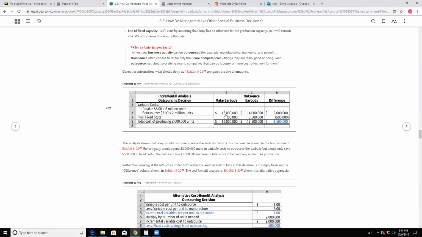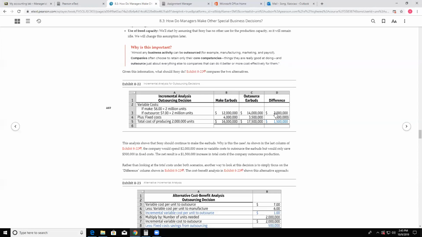If your make is 12 million and your buy is 14 million, I thought 12 minus 14 would be negative 2,000, but it seems the textbook uses column C minus column B. So if the make is smaller, you get a positive difference.